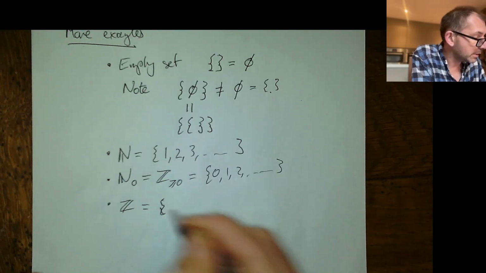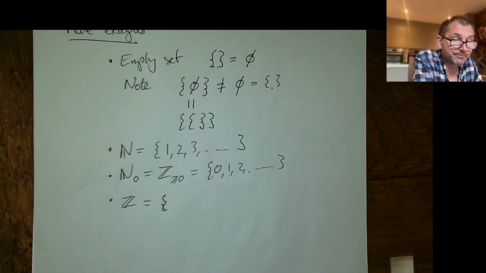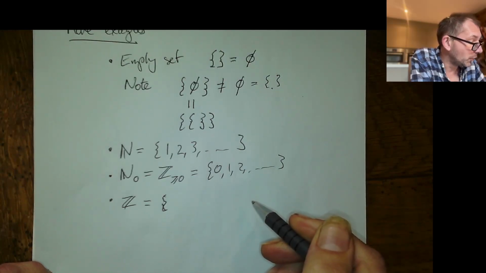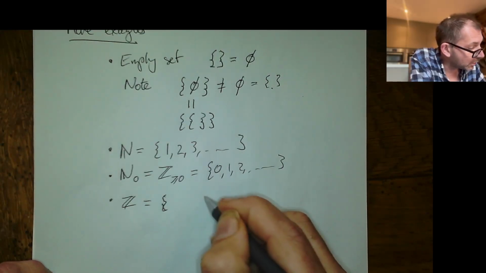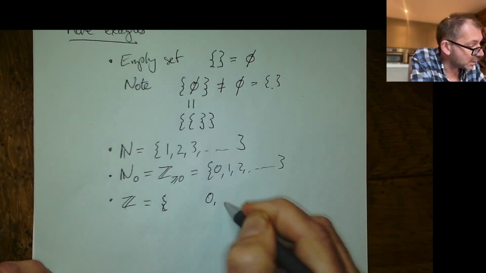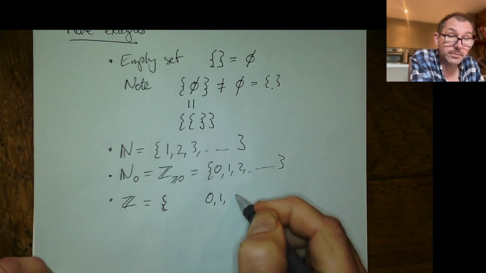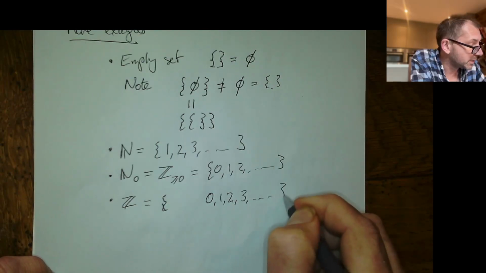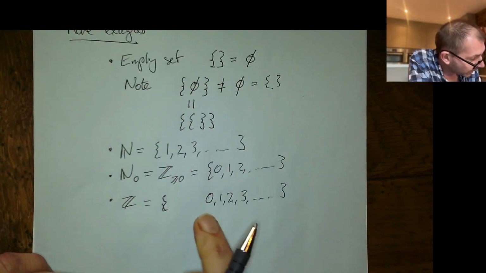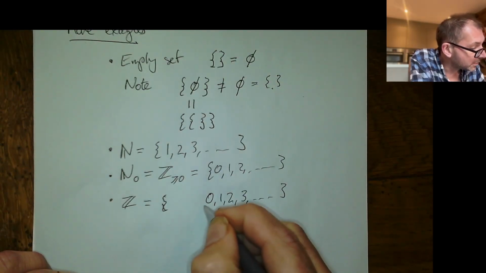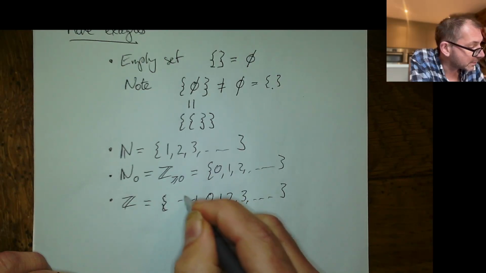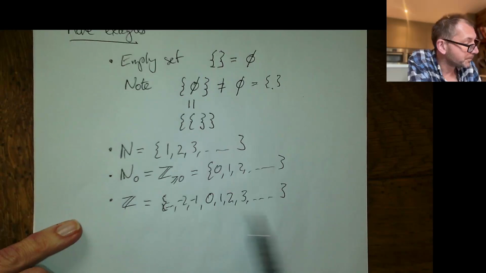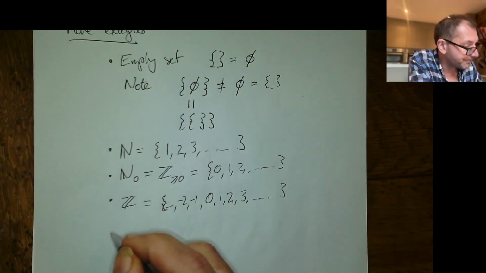So the natural numbers would have been known by the Greeks. The integers, well, somebody had to come along and add 0. That was done by Brahmagupta, who's an Indian mathematician. And the set contains all the natural numbers, but it also contains the negative numbers as well. So it goes on like that. So that should be familiar.